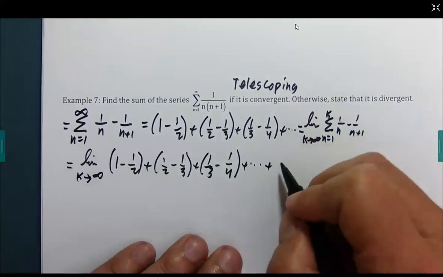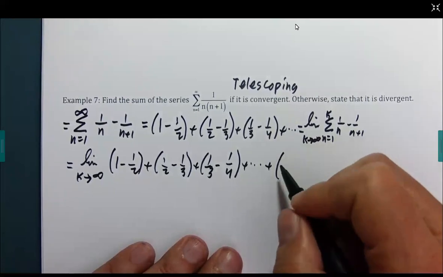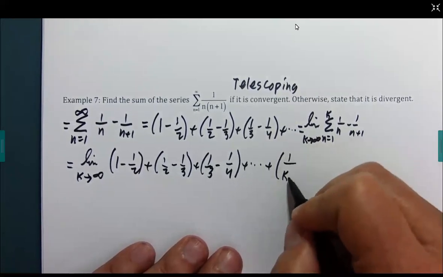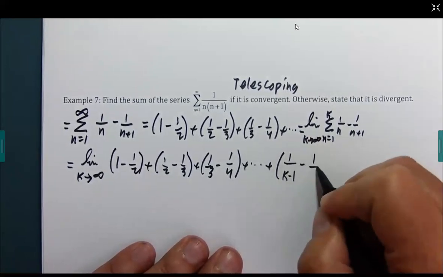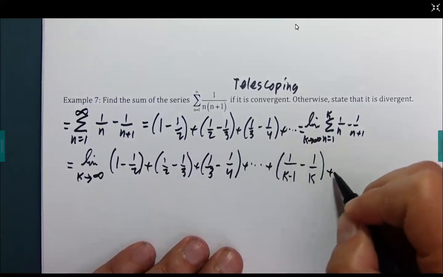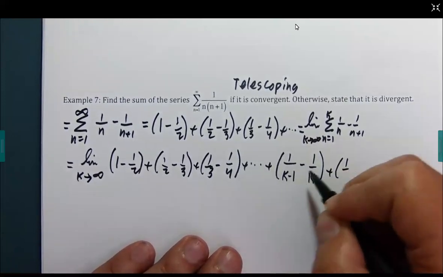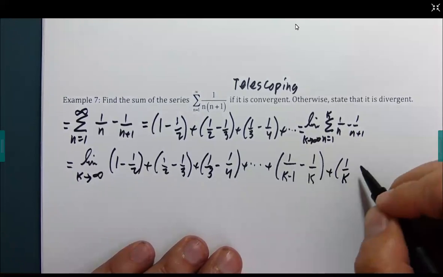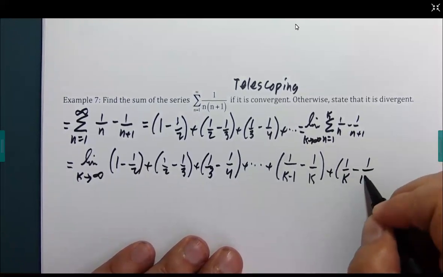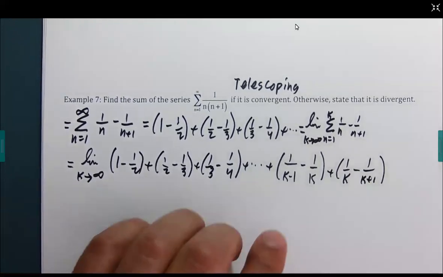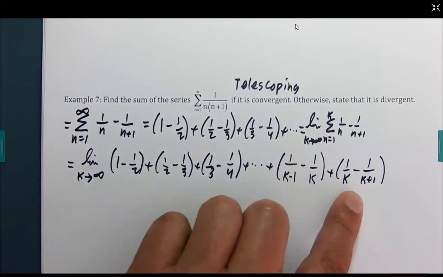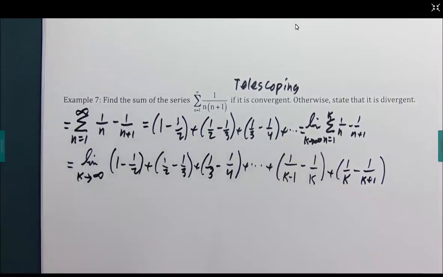However, this is going to give me 1 over k minus 1 minus 1 over k plus 1 over k minus 1 over k plus 1. So this is the k minus 1 term, and this is the k term.